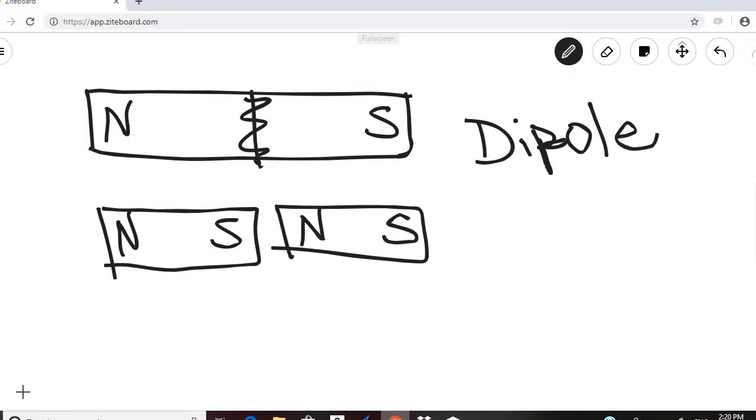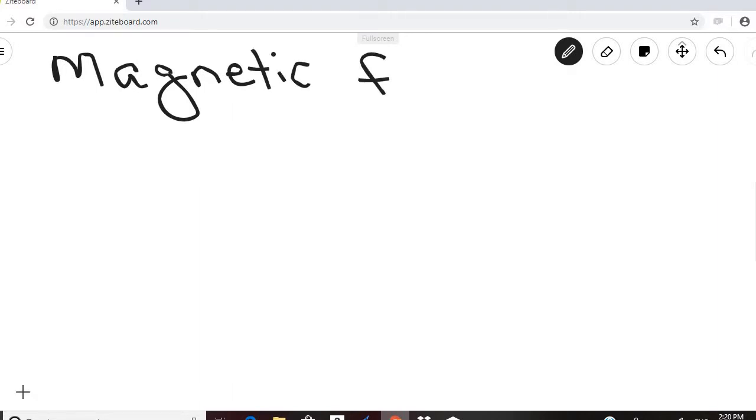Okay, so just like when we studied electric charges, remember that charges create an electric field, while magnets create a magnetic field. First of all, the strength of the magnetic field is inversely proportional to the square of the distance between the poles.